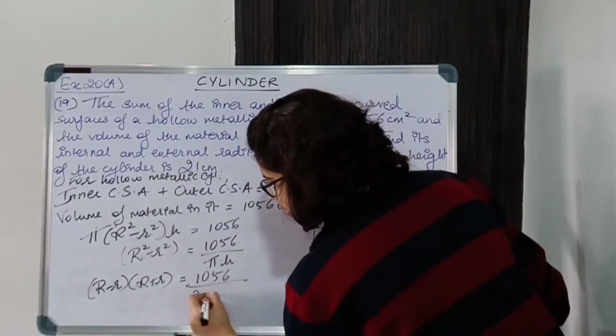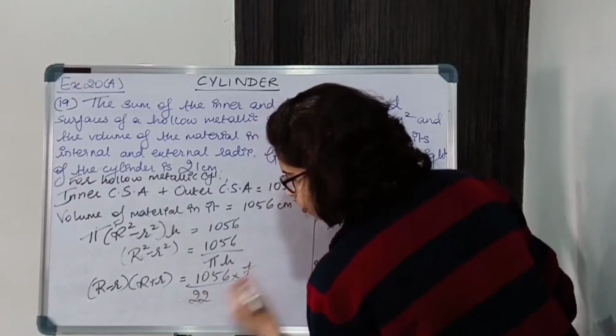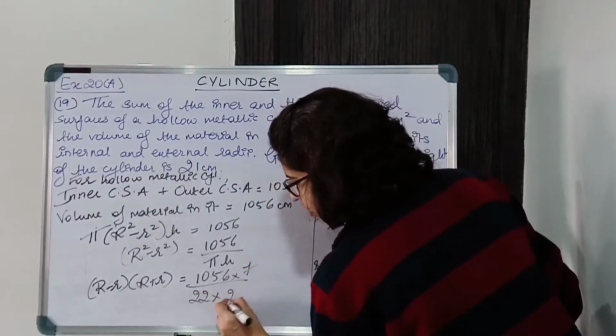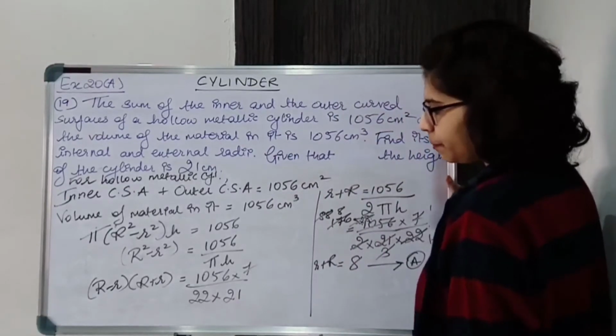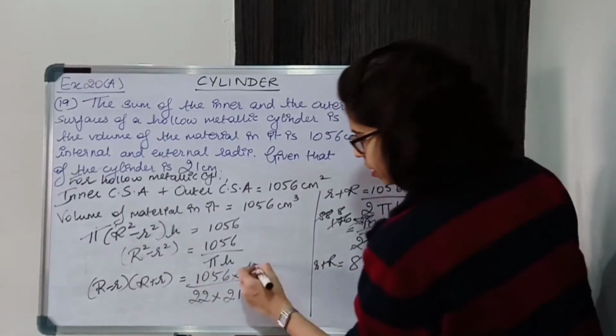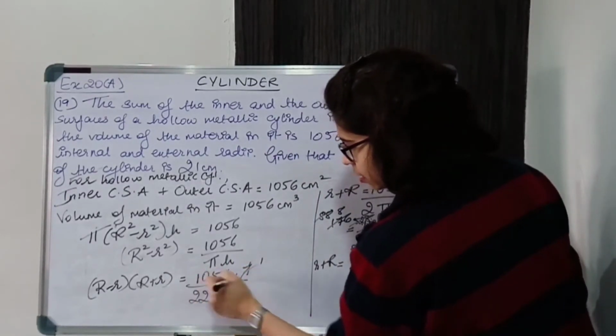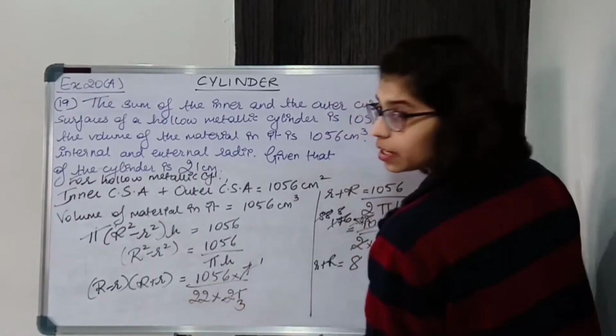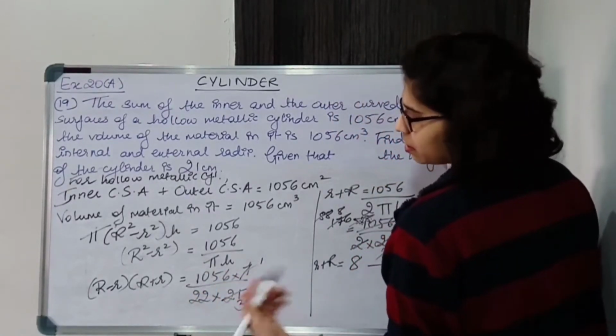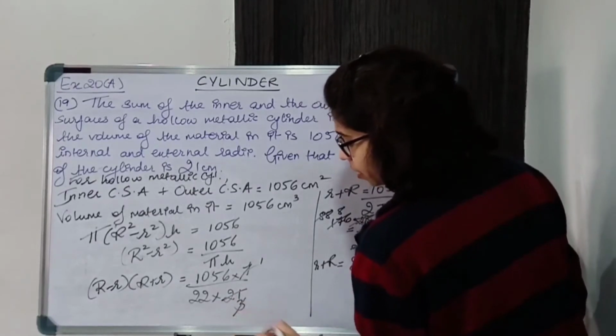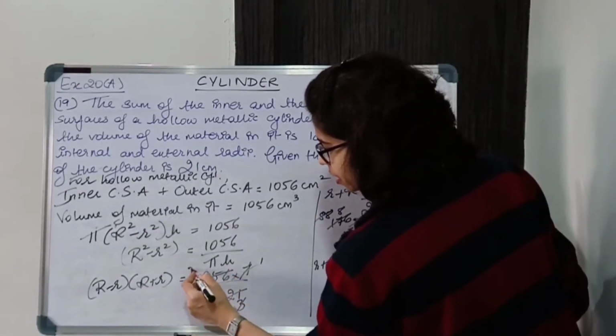1056 upon 22. 7 will go in the numerator into 21. It is 21. Okay. We'll again cancel out. 7 1s are 7, 3s are. This is divisible. Okay. 1 plus 5 plus 6, so it will be 12. That is divisible by 3. 3 3s are 9.